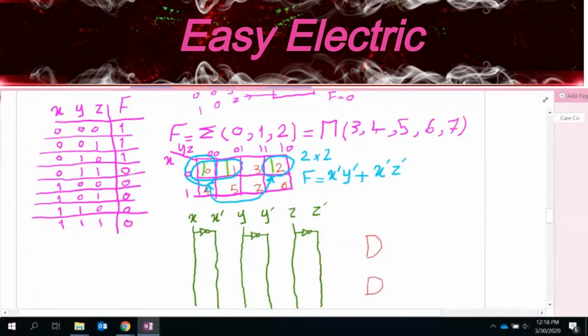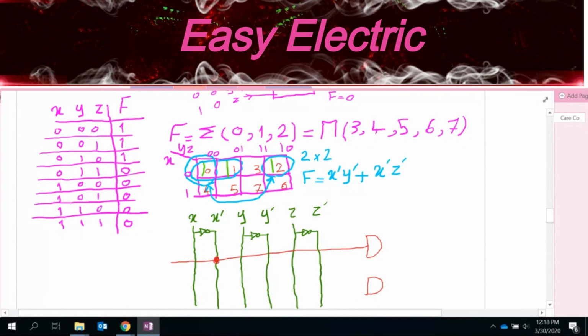The good thing about drawing this way is, this AND has 2 inputs, right? One should be x prime, the next should be y prime, but because we don't want to make our drawing very busy and we try to keep it very organized, you usually put just 1 line and put a circle on the input. So 1 input should be x prime.